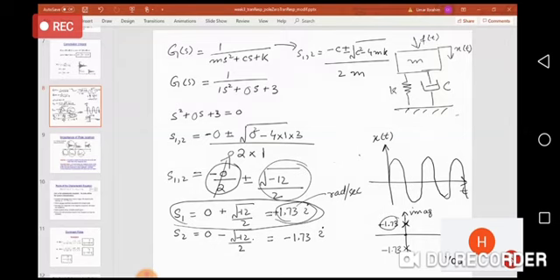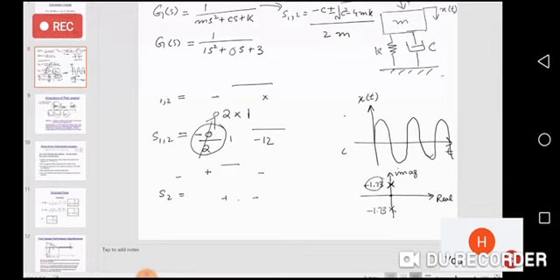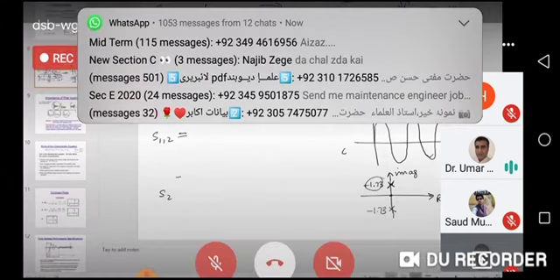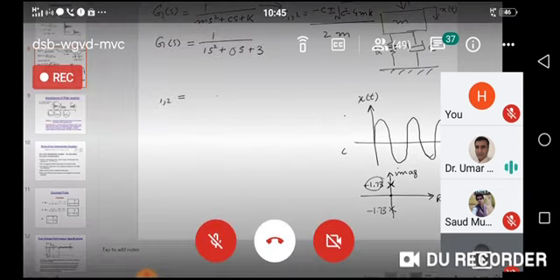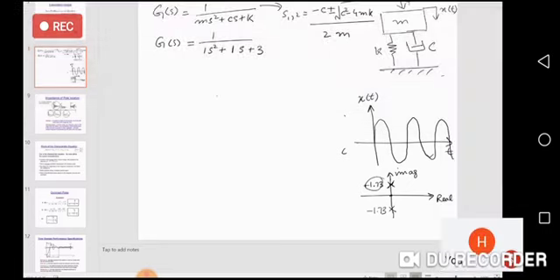Any other questions, students? Okay. Now let me erase this thing. Now let's say we introduce a damping value, a small damping value of C that is greater than 0. So let's say I introduce it as 1, even maybe 2.